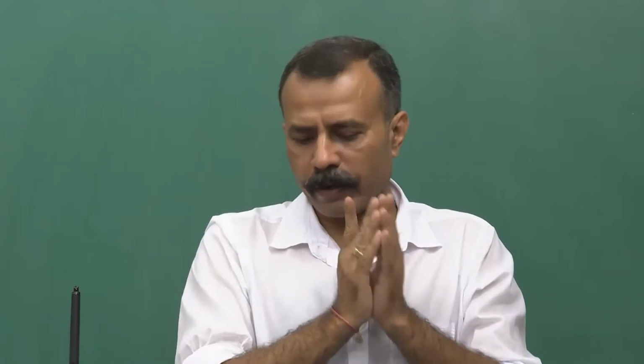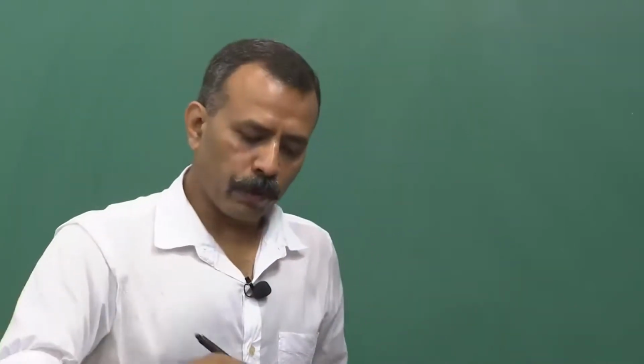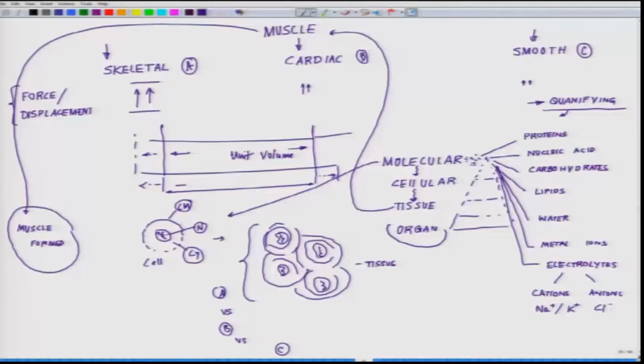So, what we did here, we talked about the different kinds of organs today. We talked about the skeleton, okay, and we talked about the muscle covering the skeleton, right? Okay. So, I started with that example. Second, we talked about the cardiac system or your heart. We talked about the heart, which is an organ, and we talked about the cardiac muscle.